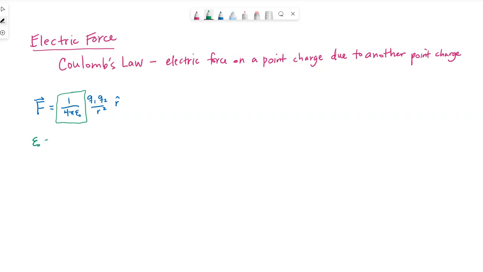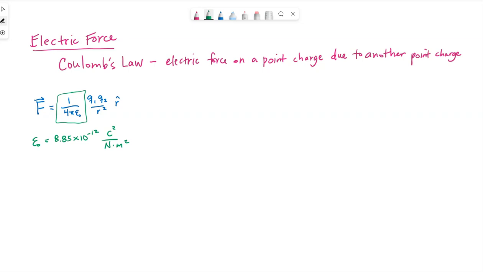Epsilon naught is called the permittivity of free space. You don't really need to remember the name. But the value is 8.85 times 10 to the negative 12. It has units of Coulomb squared over Newton meter squared.